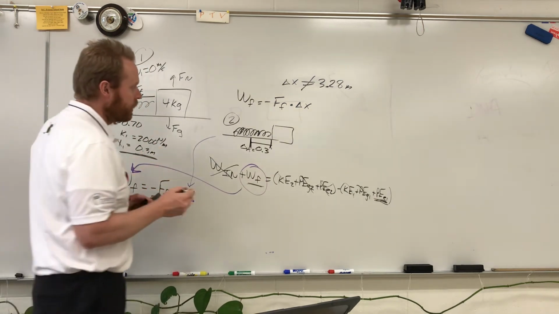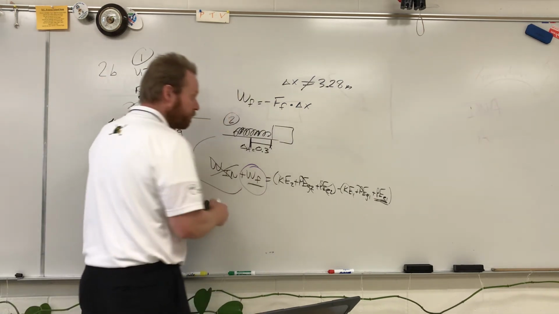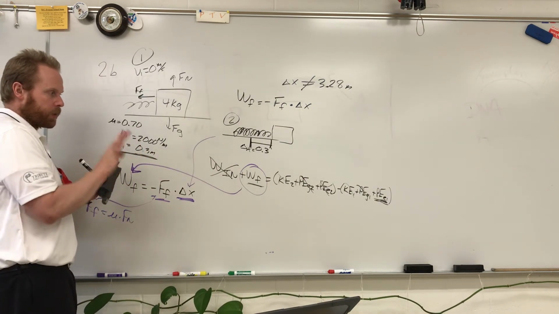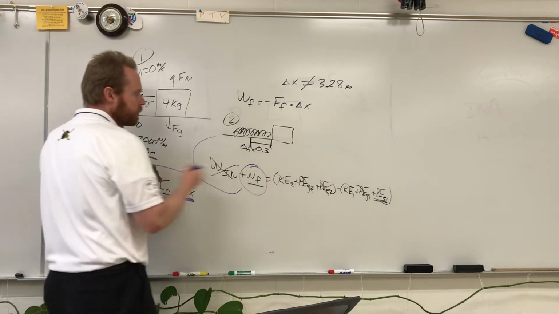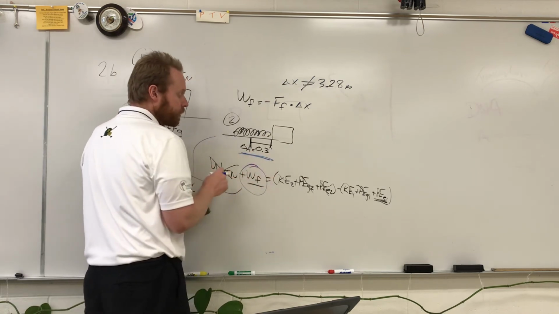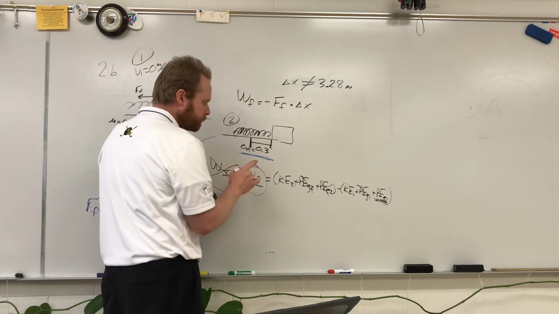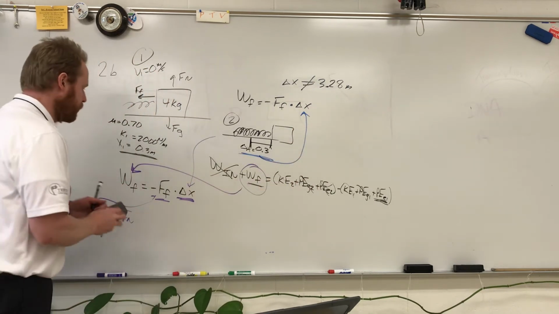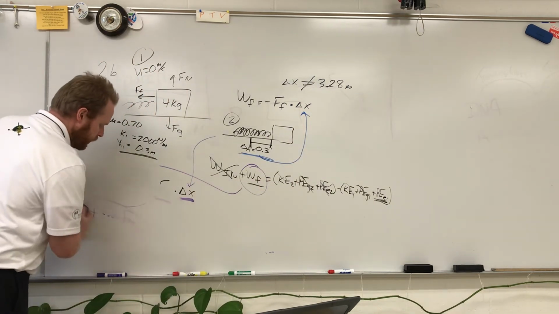That's the delta x that my object has moved, because that's how far my spring was compressed. So my spring is going to push 0.3 meters, and then once it leaves that, it's not pushing anymore. But this is the delta x that we use in that equation.